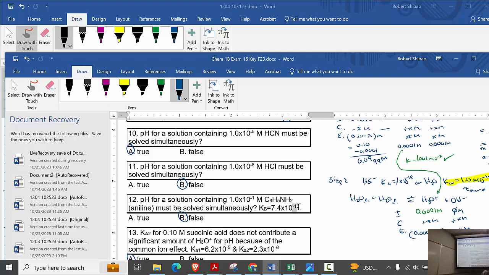I mean, 10 to the minus 10 is very weak, but the concentration is 0.1 molar. At the concentration of 0.1 molar, then it was pretty high.